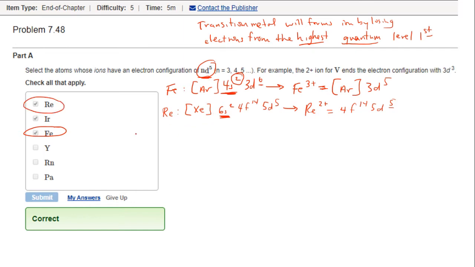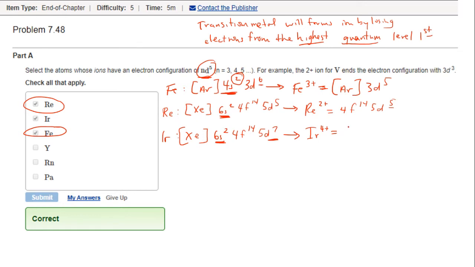The other case we can look at is iridium. Iridium is just 2 elements over from rhenium, so it's going to have 2 more electrons: 6s2 4f14 5d7. And sure, if we lose 4 electrons to form iridium 4+, we're going to lose them from our highest quantum level first, so we'll lose 2 electrons here, followed by 2 more electrons at our next highest quantum level, which is the 5d.